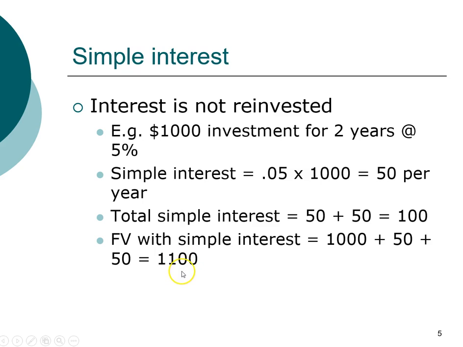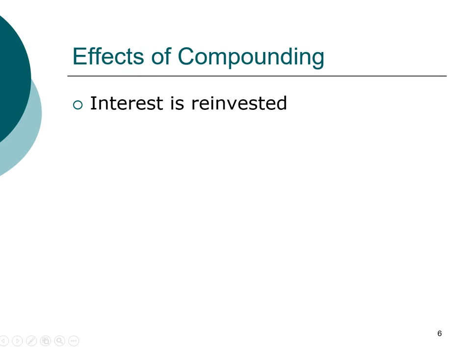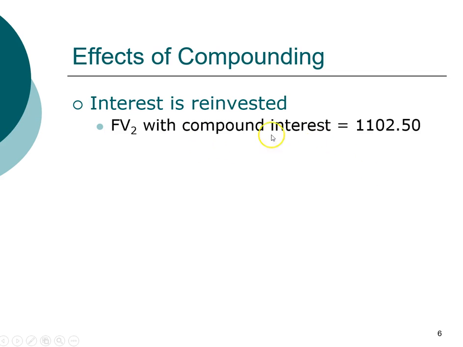What we want to do is introduce the concept of simple interest to help us better understand the effects of compounding. So if you think about reinvesting your interest, we knew that if we reinvest our interest, the $1,000 over 2 years would have grown to $1,102.50.